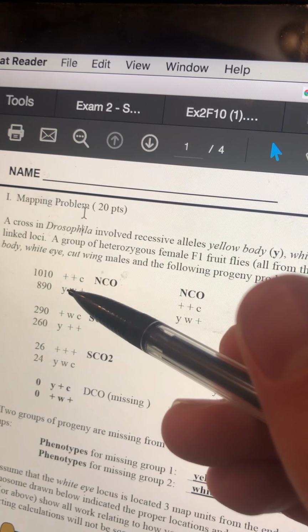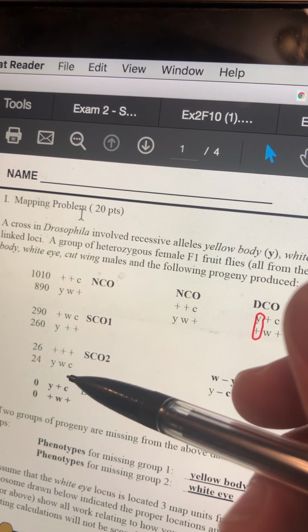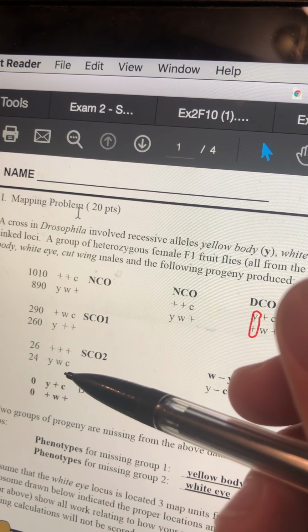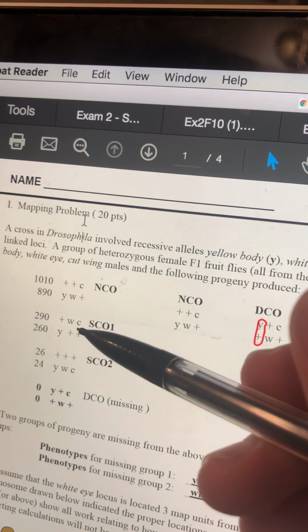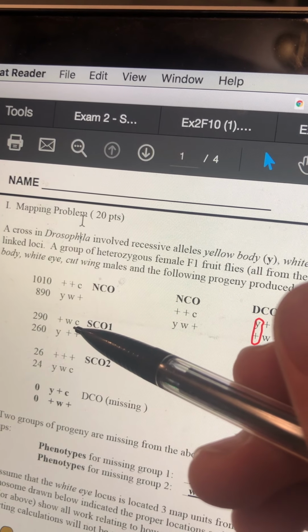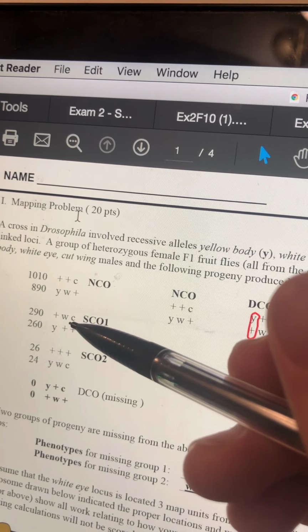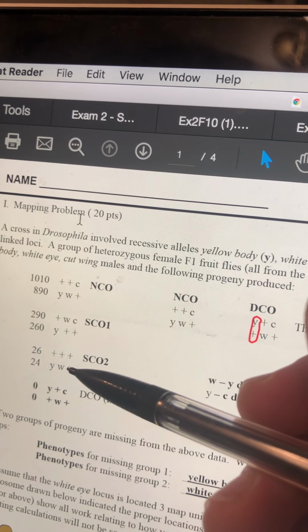Between W and Y. Okay, this does contain a crossover between W and Y, whereas this one doesn't.